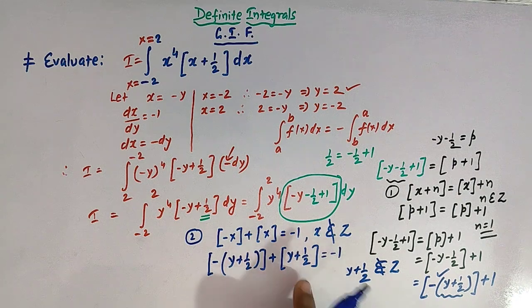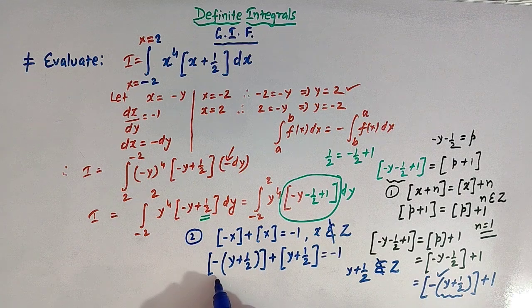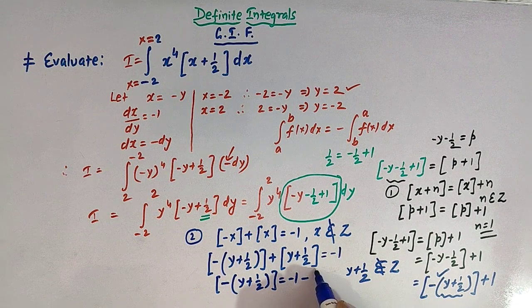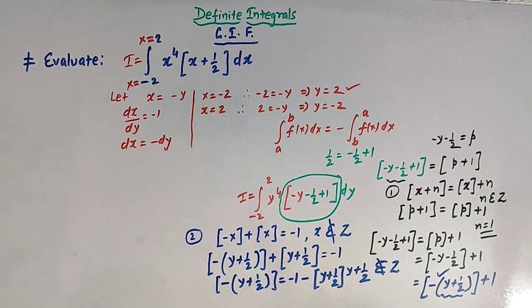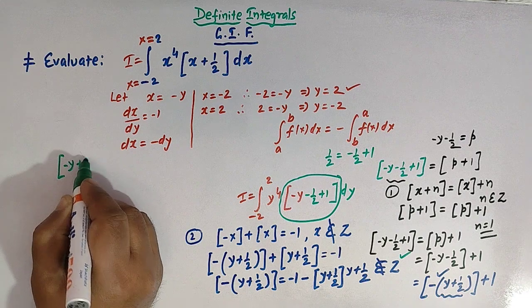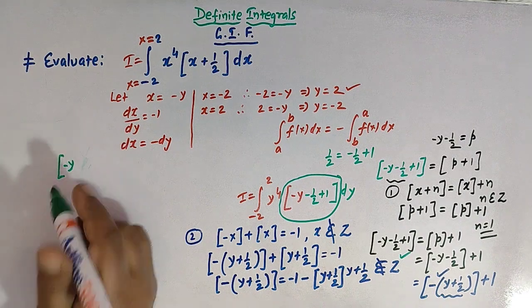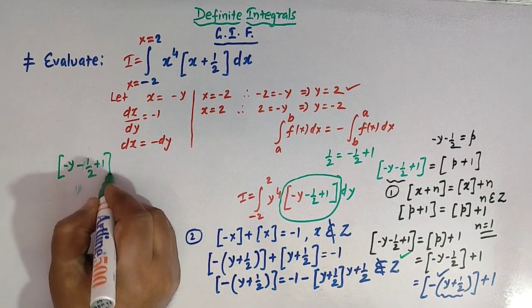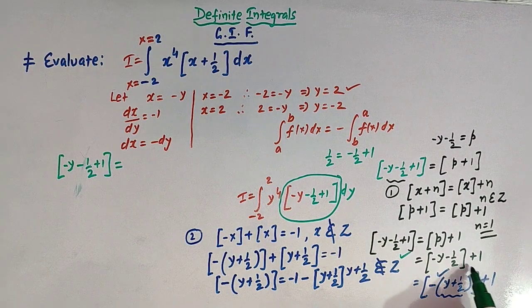So now if we take this term to this side, we'll get the greatest integer of minus y plus half, is equal to minus 1 minus the greatest integer of y plus half. So now this quantity, that is the greatest integer of minus y minus half, plus 1, can be written as, for this term, the greatest integer of negative of y plus half, we can write minus 1 minus the greatest integer of y plus half.